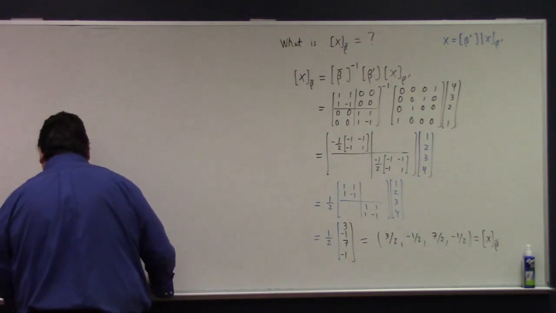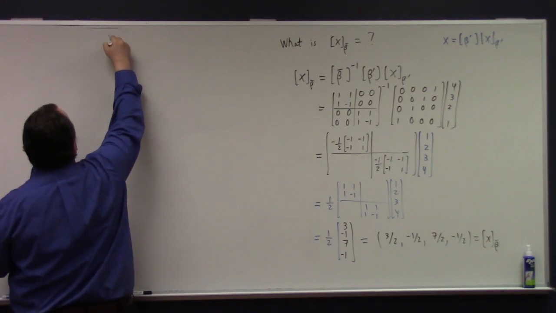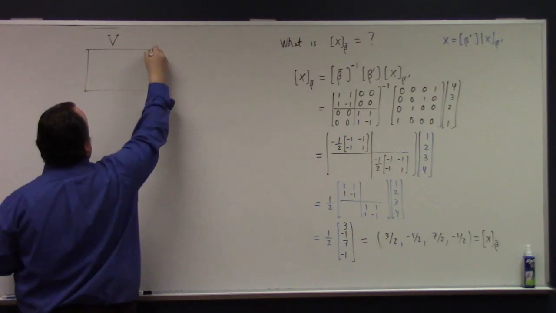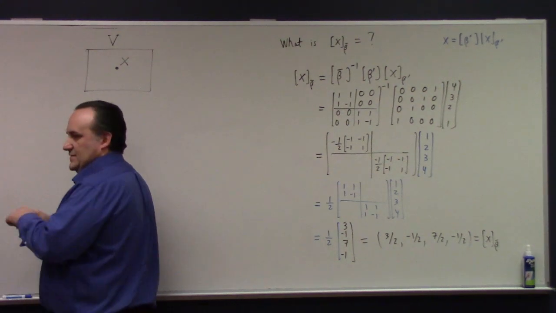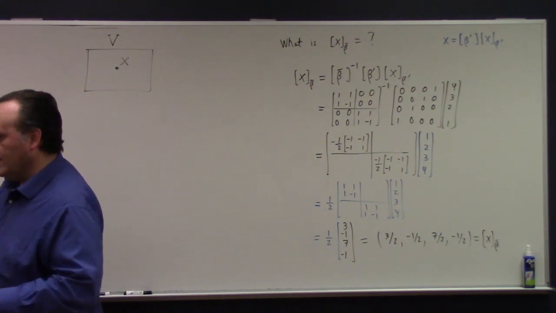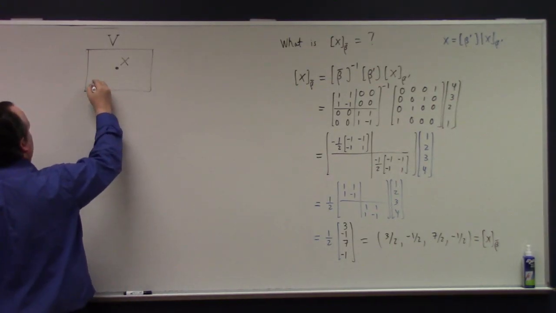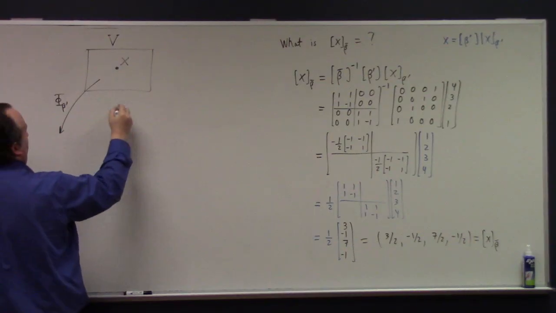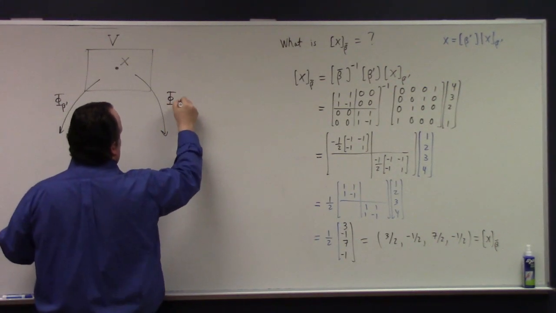All right. So we've got vector space V up here. So I've got some point up here, X. On the one hand, I've got, let's say, phi beta prime. And on the other hand, I've got phi beta bar.